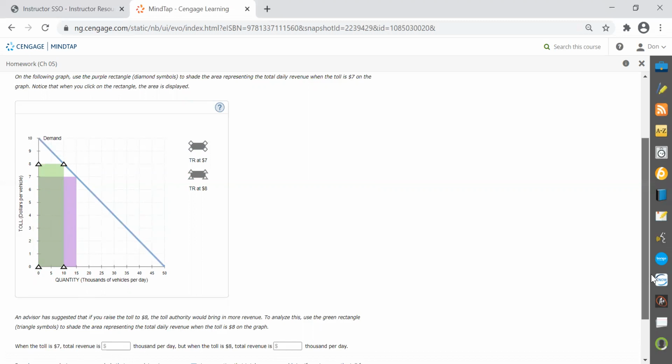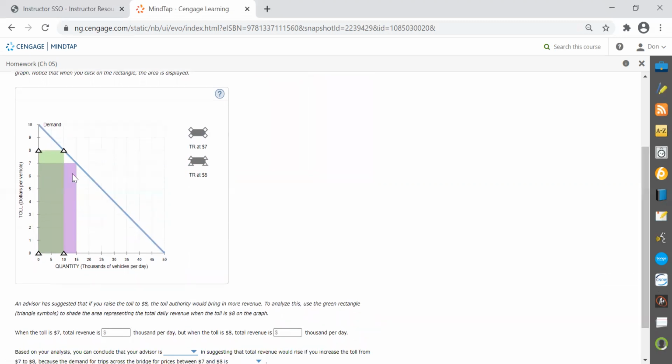Okay. So then it wants to know what the total revenue is. All you need to do for total revenue is take price times quantity sold. So with our $7 price point, we had a $7 price and we had 15,000 vehicles per day.